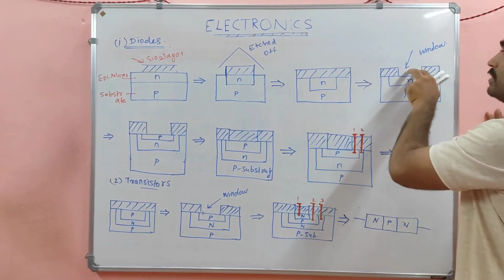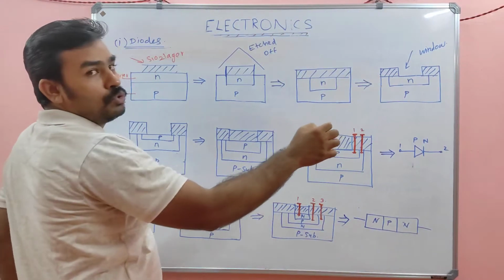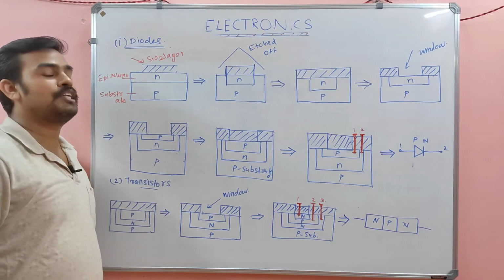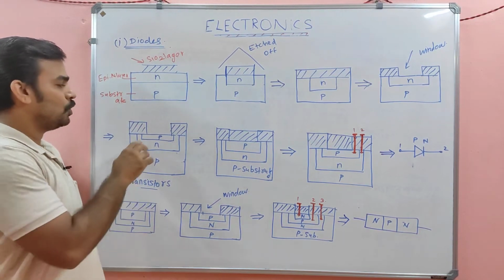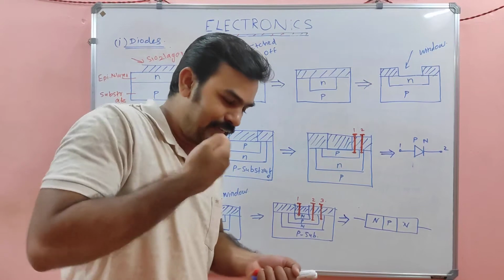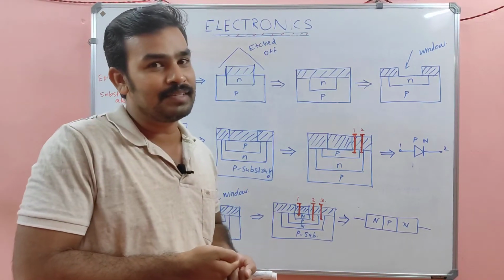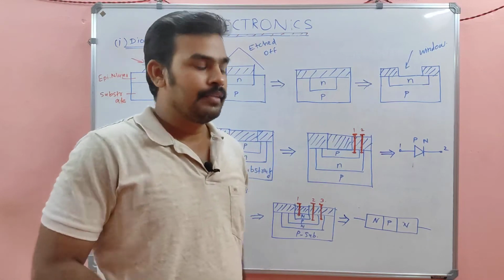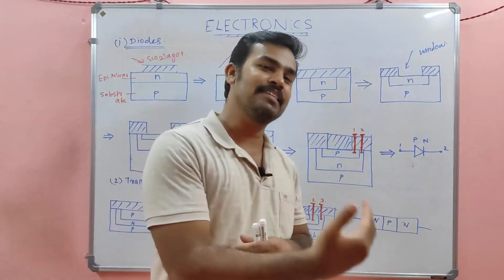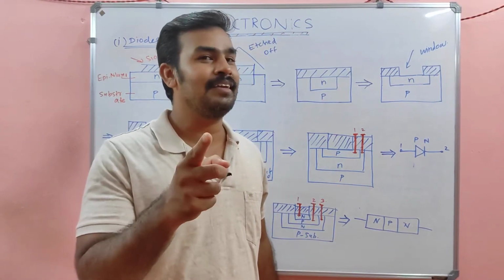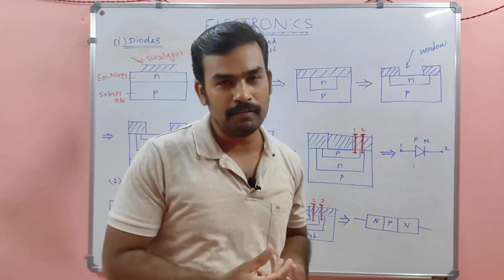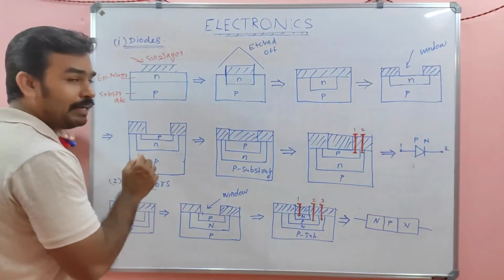Is it clear? So what is next? See, through this window, we have to add a trivalent impurity now. So on the top of this N, we have to inject trivalent impurity. So what does it make? Already it's N. If you add trivalent impurity, that N will be converted to P, a portion of N only, not the complete N, but where we are injecting, that region will be converted into P. So what happened?